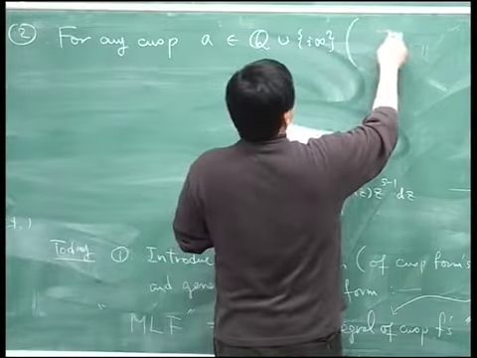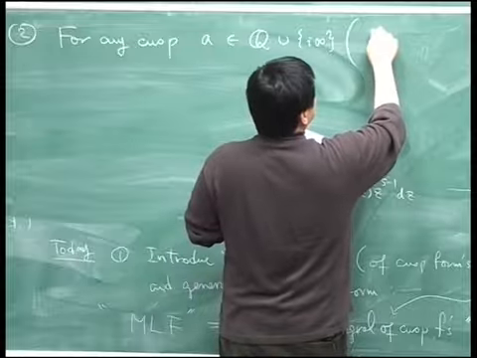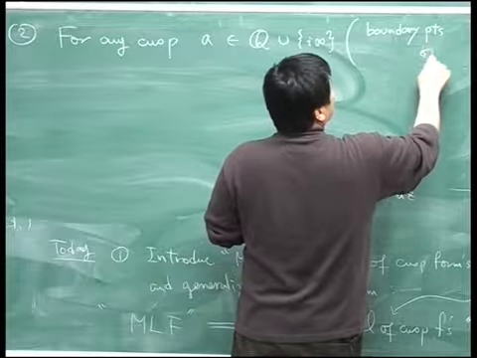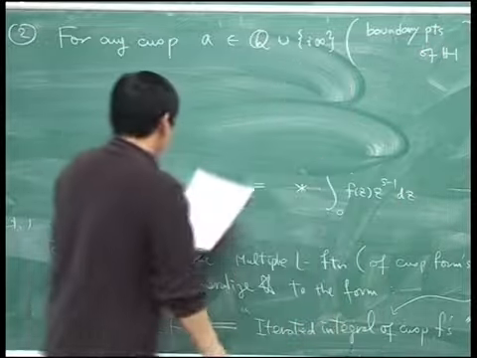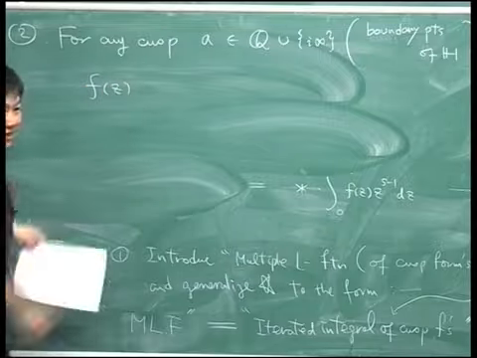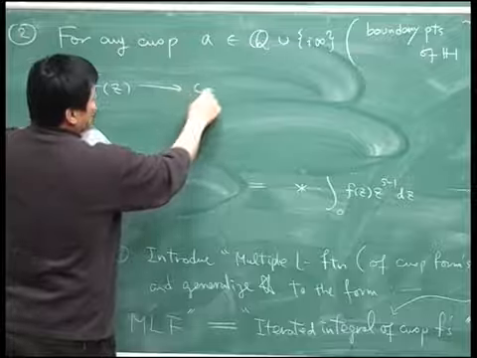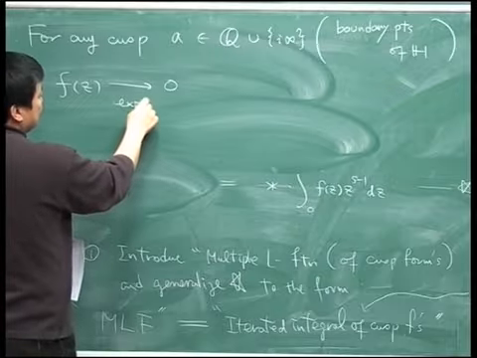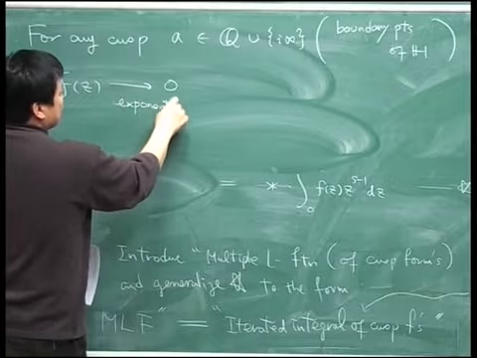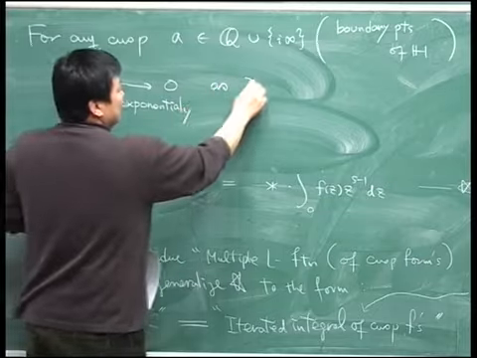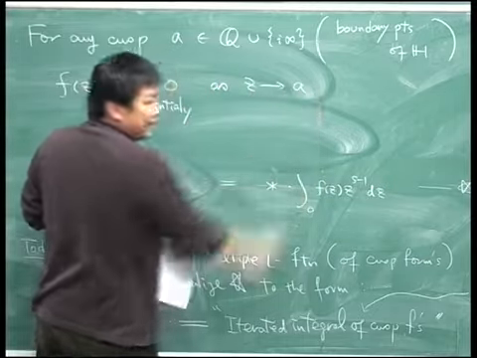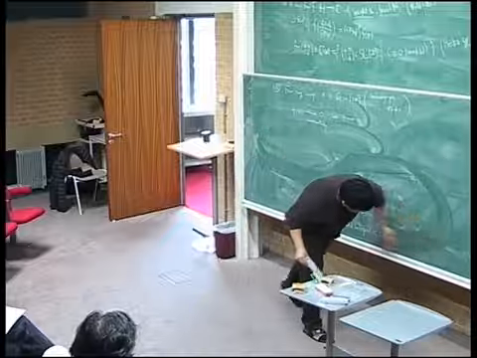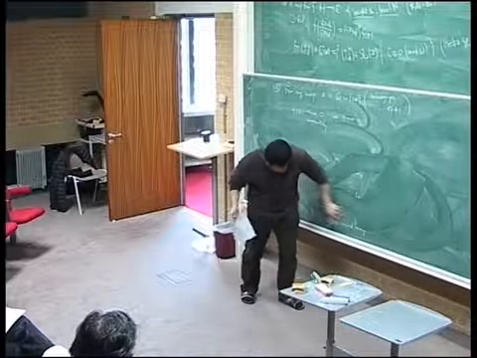This is a boundary point of H. We require the cusp form to go to 0 exponentially, so the cusp form decays exponentially when the parameter approaches the cusp. This is the definition of our cusp form today.